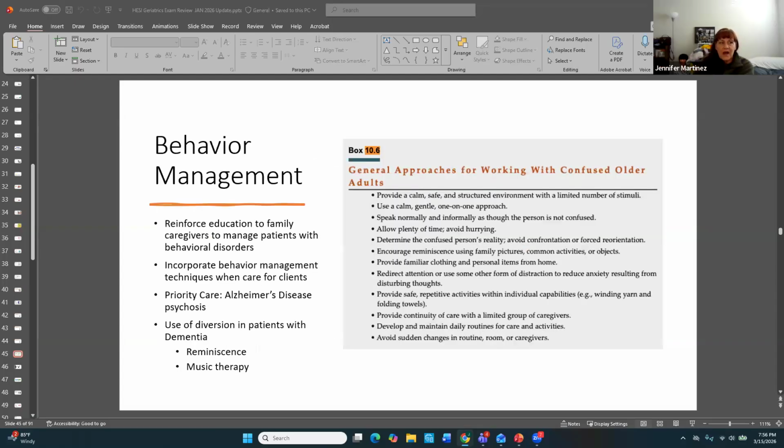All right. So working with confused adults, this is the story of my life. So behavior management: reinforce education to family caregivers to manage patients with behavioral disorders. Not every patient that has dementia or Alzheimer's is going to have behaviors.